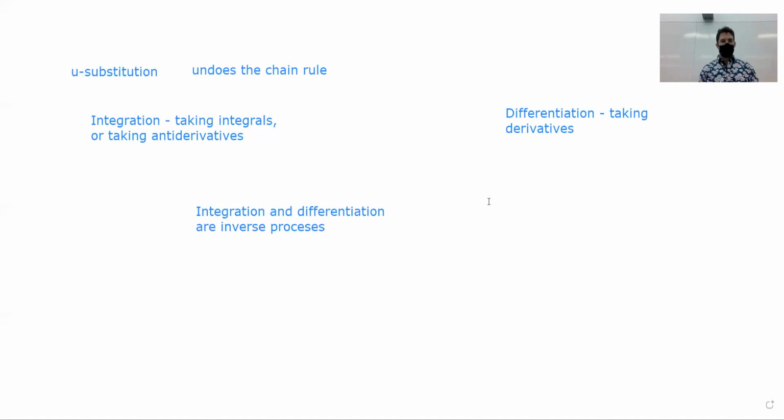Very nice. Okay, so I think I'm all caught up. We know that these things are opposites to one another. So if I take a derivative, then an integral, those processes cancel each other out. You've been talking about U substitution, which is a process that undoes the chain rule.